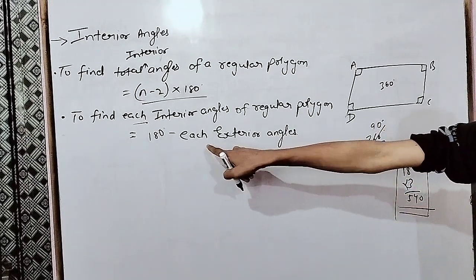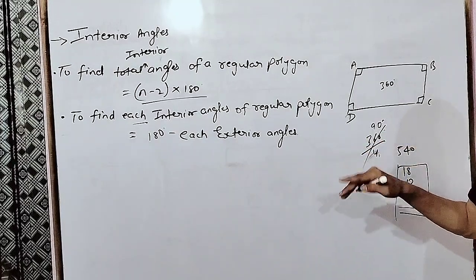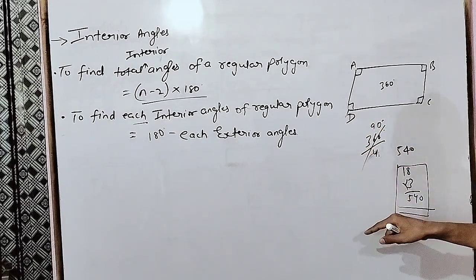Remember, to find each interior angle, we can apply the formula 180 minus 360 upon n.